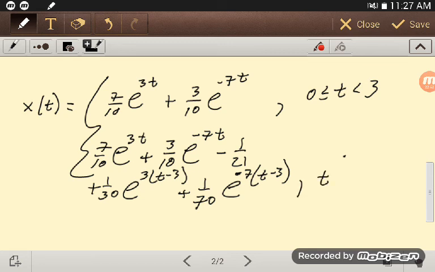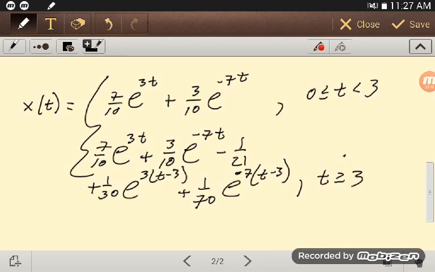And so that's for t greater than or equal to 3, and that is the same answer we had from using the Laplace transform. So it's very long to do these problems. This took me over 23 minutes, but we get the same answer.